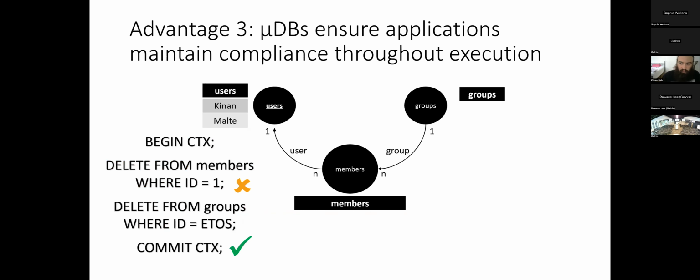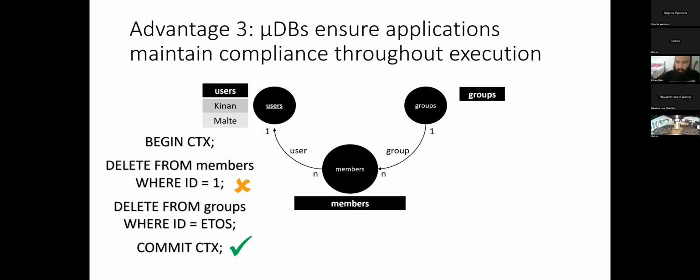To support such sequences safely in a way that guarantees that compliance is never violated, K9db provides compliance transactions, or CTX for short. The compliance transaction is intuitively very similar to a regular SQL transaction, but has more to do with making sure that the compliance invariants are never broken. So a compliance transaction wraps several application operations inside of it.